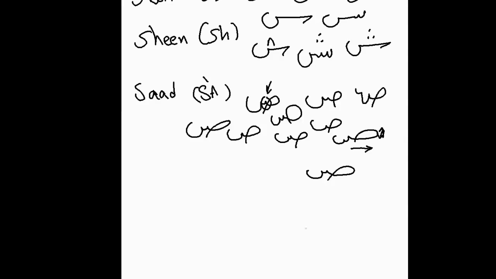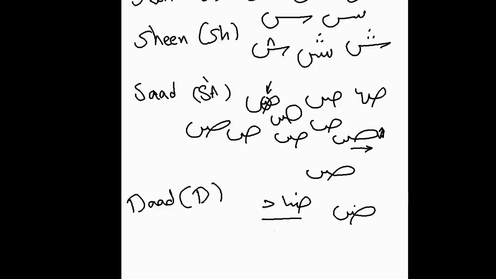Now after Sad we have Dad. Dad, it's the same as Sad but with a dot. So we have Dad. Now Dad is similar to D but a little bit thick, coming from your throat, Dad.